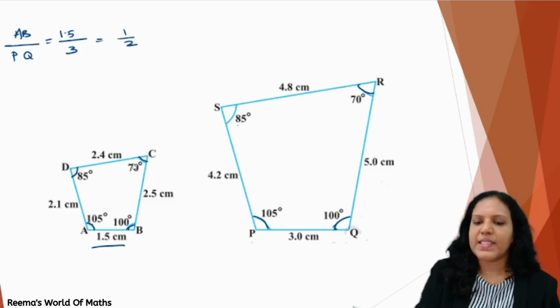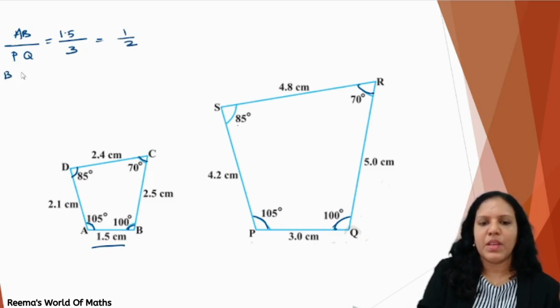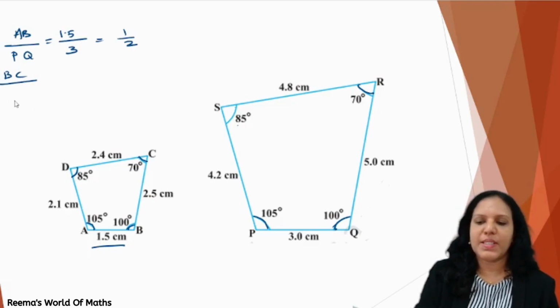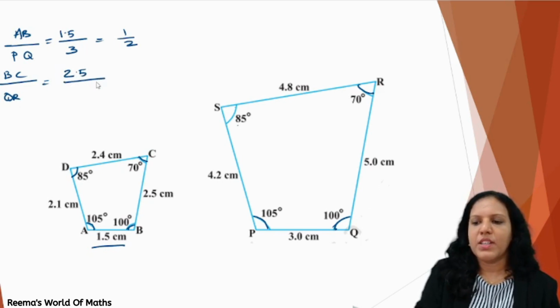Let's take the second side, BC. The corresponding side for BC is QR. BC is 2.5 and QR is 5. Again this equals 1 by 2, correct?